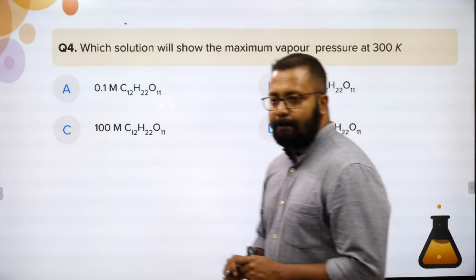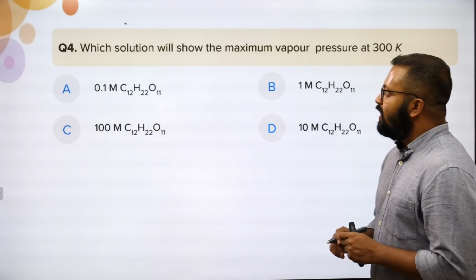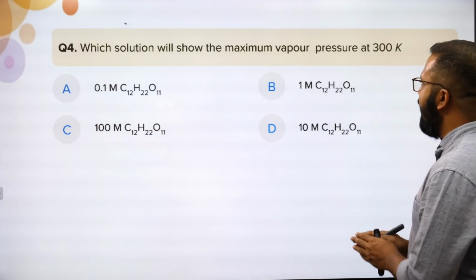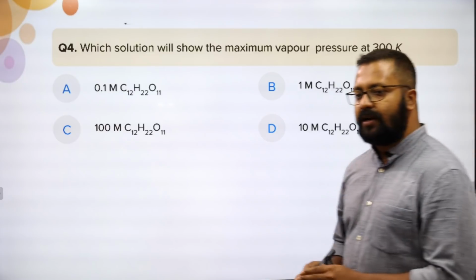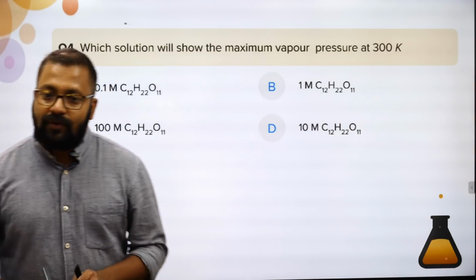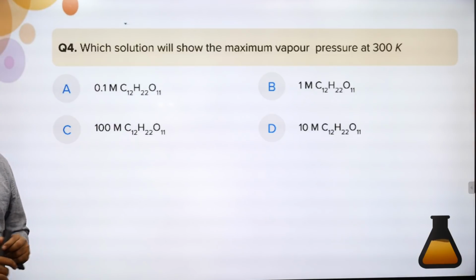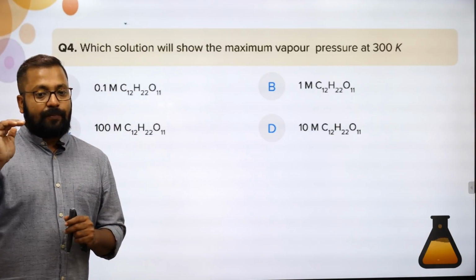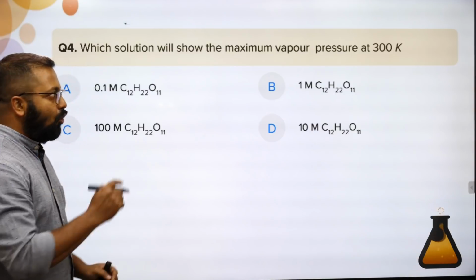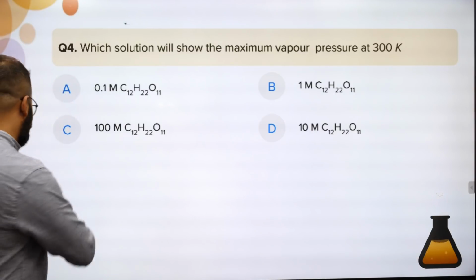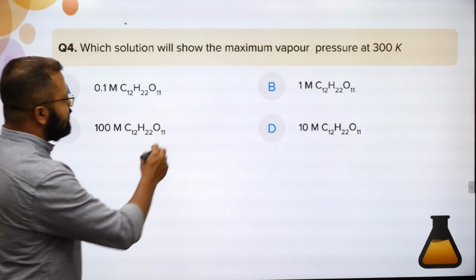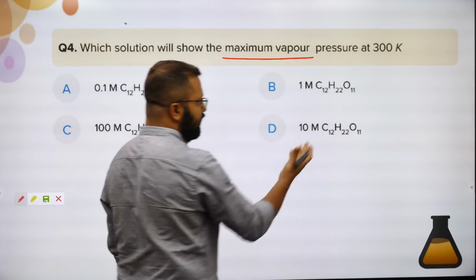Next question. Which solution will show the maximum vapor pressure at 300 Kelvin? Look, they have asked for maximum vapor pressure, so lowering is minimum or maximum? Try and understand. This is how they confuse you in the examination.